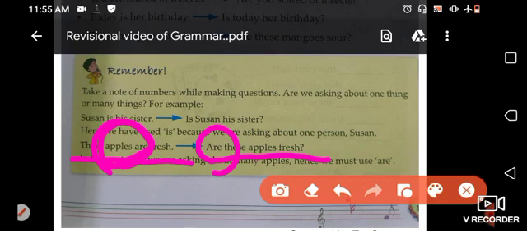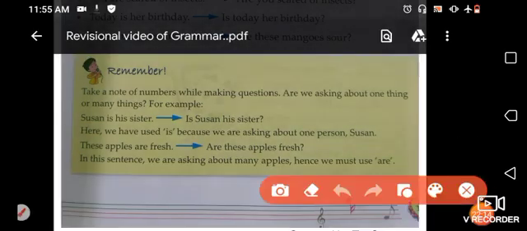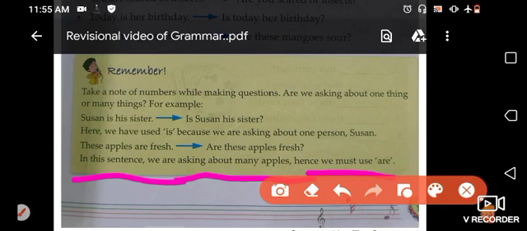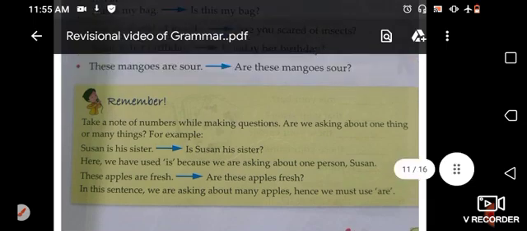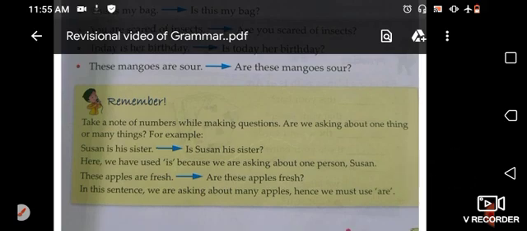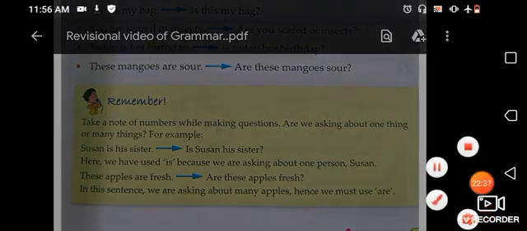It means there are more apples than one. In this sentence we are asking about many apples, hence we must use are. So where we are talking about more than one thing, many things, there we will use are. And if you are talking about a single thing, one object or one person, then you will use is.